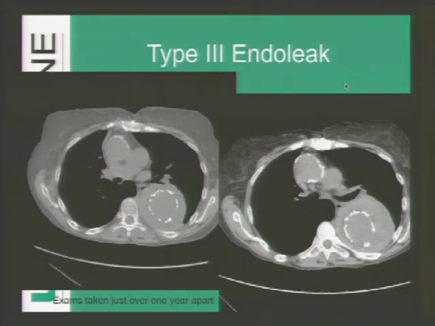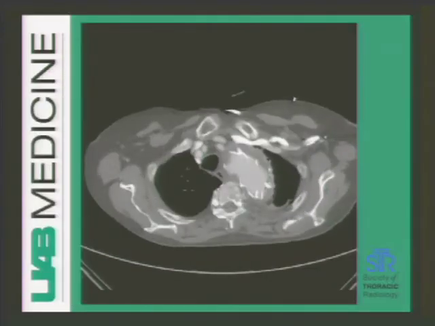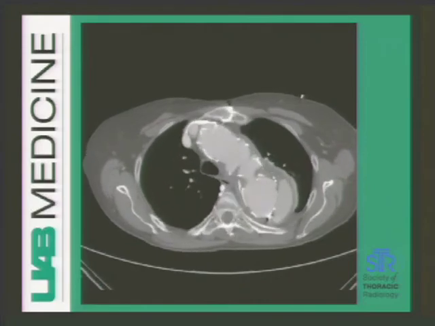So as long as the sac size has stabilized or decreased, we continue to follow them without intravenous contrast. This patient, though, as you can see, the native aneurysm sac has obviously increased over that year interval, which is presumptive of an endoleak. Without contrast, you can't really characterize the type of endoleak and determine the best therapy. So this patient was admitted to the hospital and kind of tuned up for intravenous contrast examination, and that's what we see here.